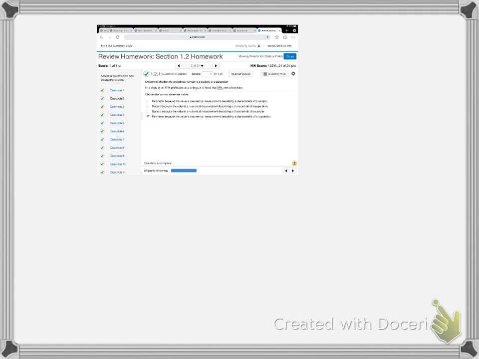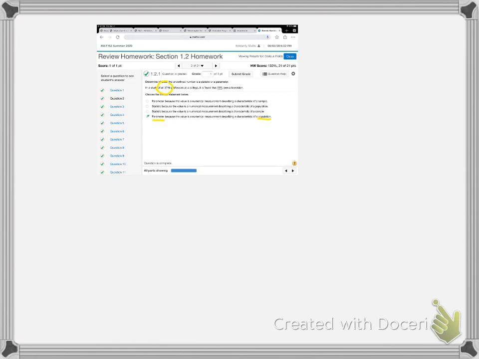For this particular problem, it says that we're going to study all the professors at a college. So that's the entire population. If you're dealing with a population, the statistic is called a parameter. So parameter goes with population, okay?